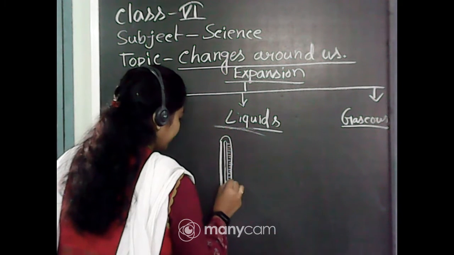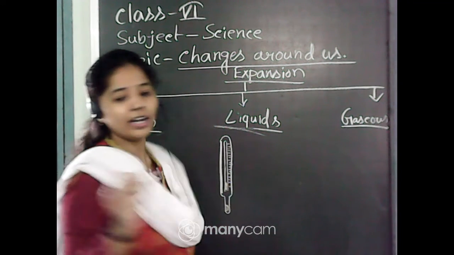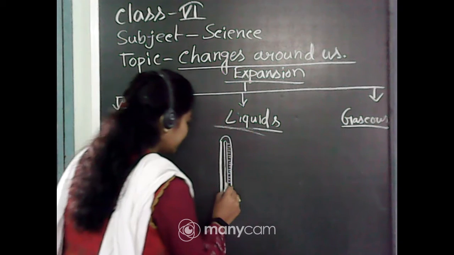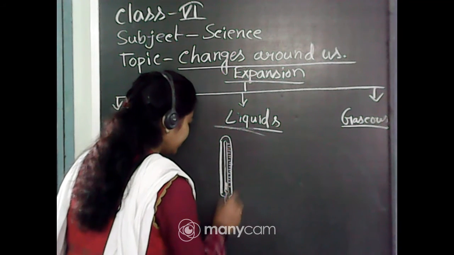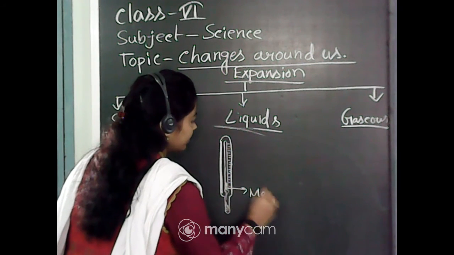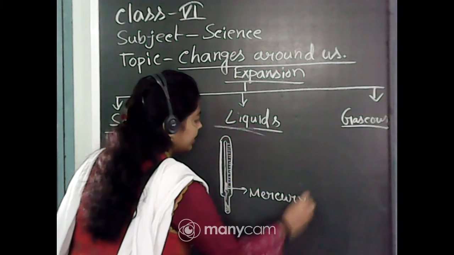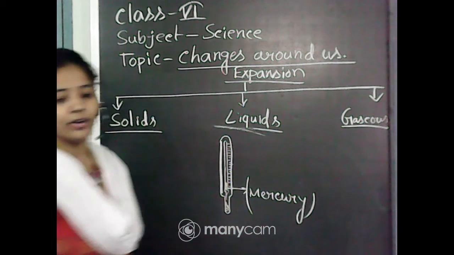Now here mercury is present. In red color you can see mercury in the thermometer. As you know, mercury is liquid at room temperature.